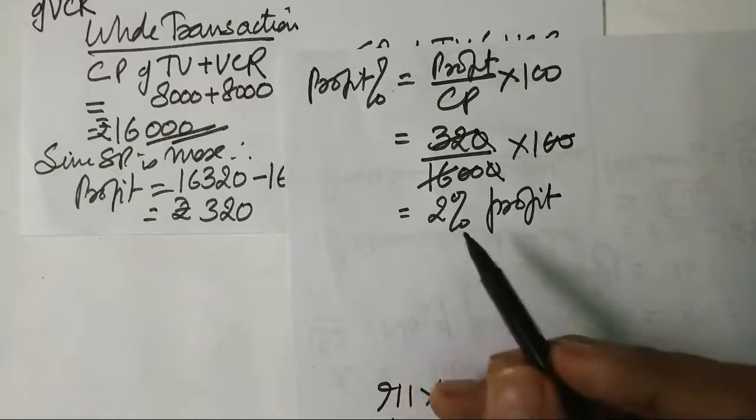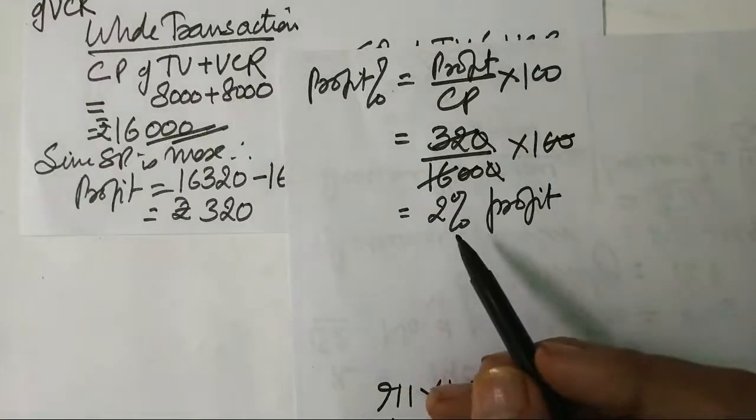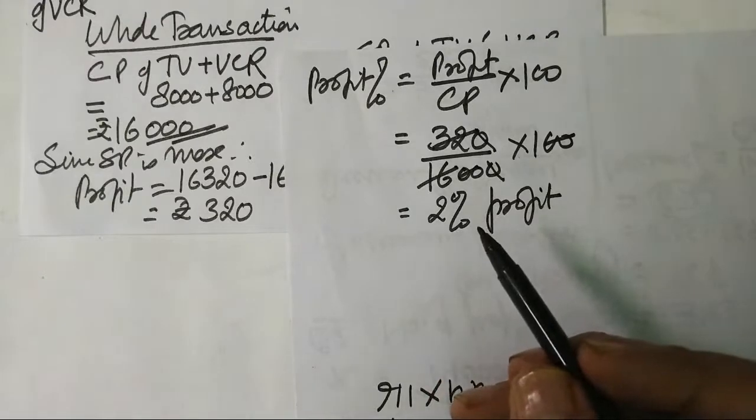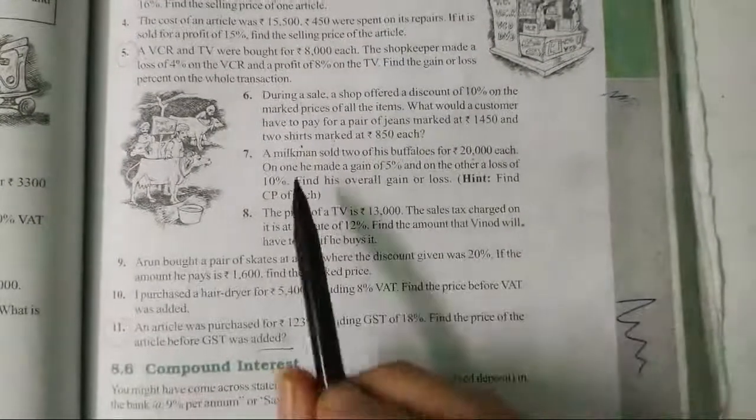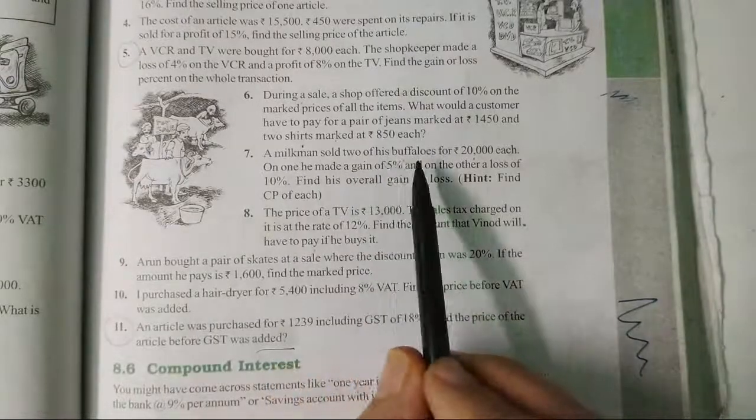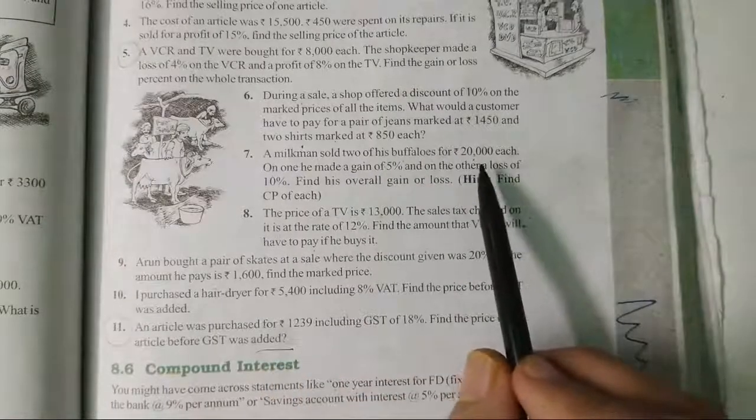So in the exercise, there is a question on question number 7, which is similar to this question. It is a question on 2 buffaloes for rupees 20,000 each.